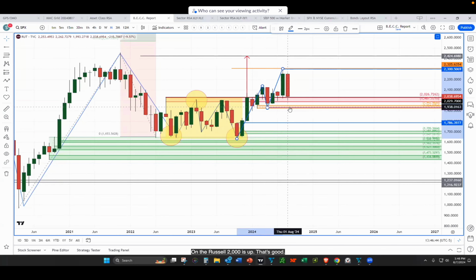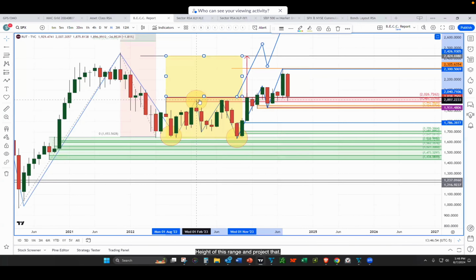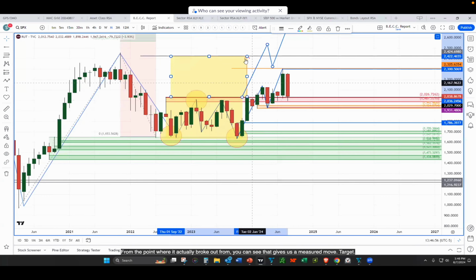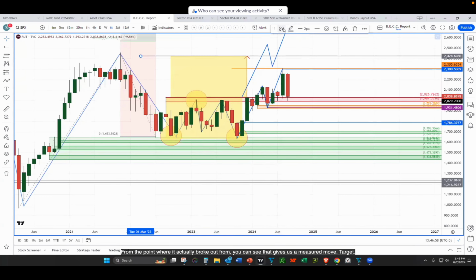And that's good. The measured move targets that I have on this, there's a couple of them that I'm going to share here with you. So if you take the height of this range and project that from the point where it actually broke out from, you can see that gives us a measured move target that is in and around 24.24. That kind of coincides with the prior highs up there.